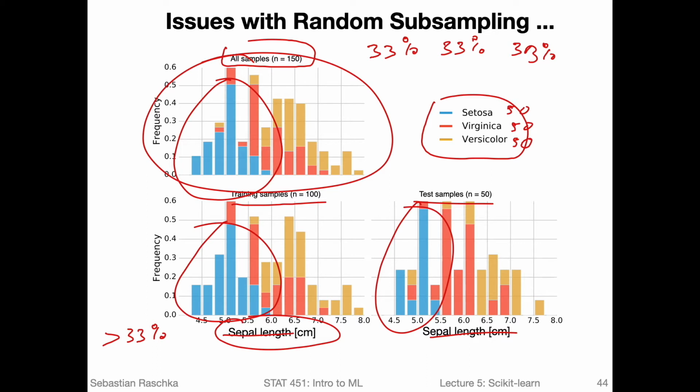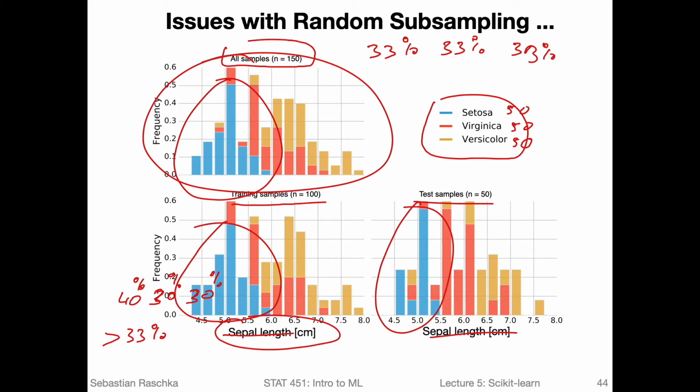So let's say it's something like 40, 20, 20, sorry, 30 now. It's a little bit exaggerated, of course, but just to bring the point home: the distribution changes if we randomly subsample and have a small data set, just due to random effects.